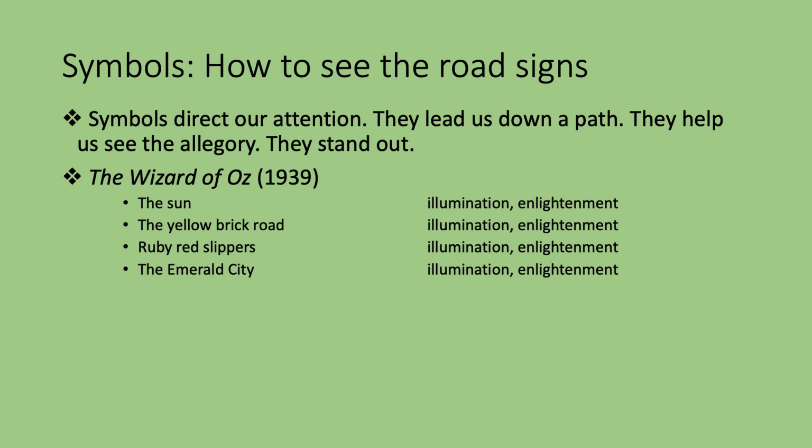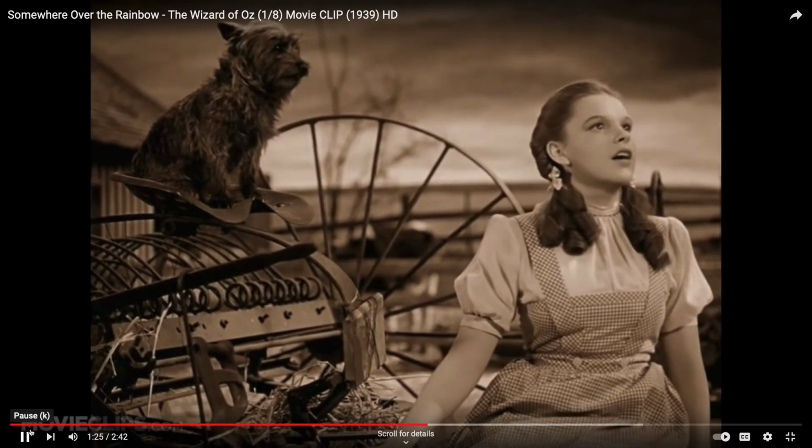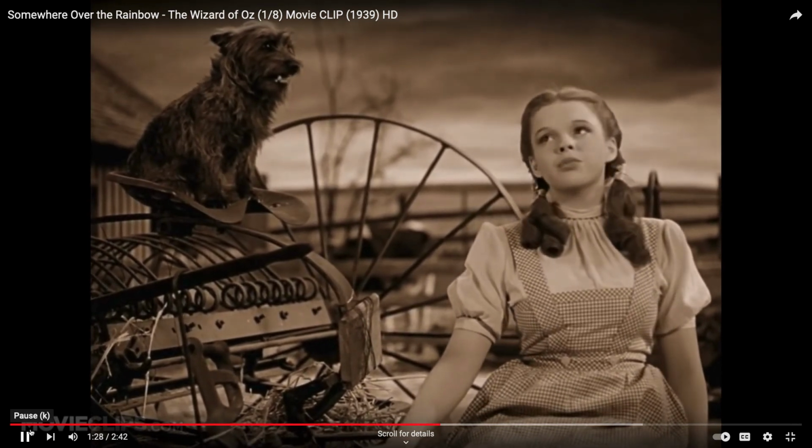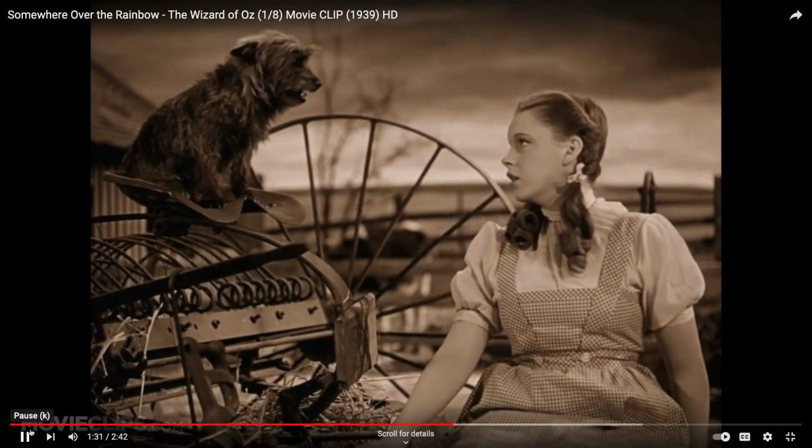Let me pause for a second to say that this is how I interpret it. This is not the correct answer or the only right answer. It's just my interpretation. Now, as I said, symbols are there to direct our attention, so they usually stand out. And you might ask yourself, the sun. Did that really stand out? Well, if we take a brief moment to go back to the beginning of the video, where Dorothy is on the farm and sings the famous song, Somewhere Over the Rainbow, the entire song is with the camera on Dorothy and Toto right there.